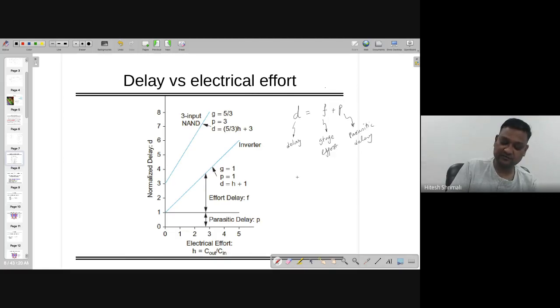Stage effort is nothing but G times H, where G is logical effort and H is electrical effort, where H is nothing but C out divided by C in, or it's also the fan out.